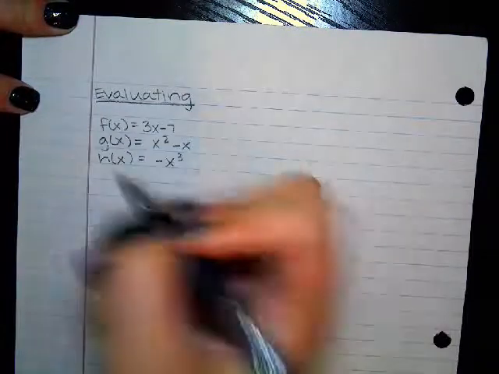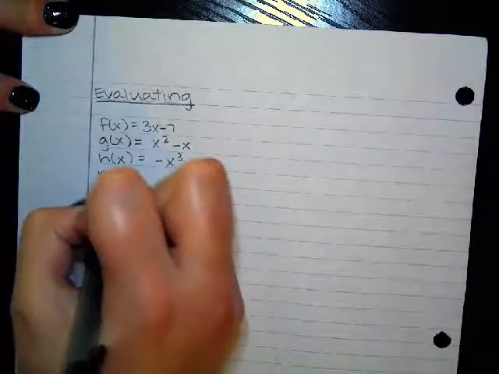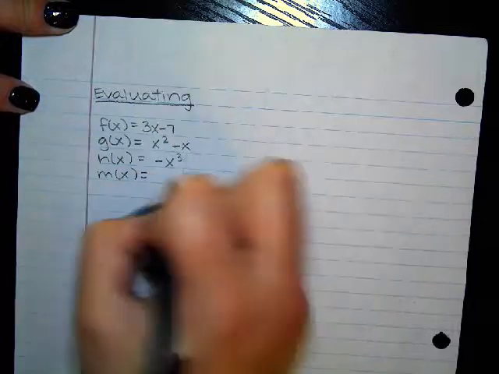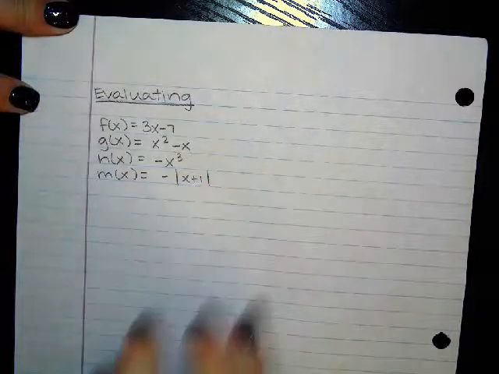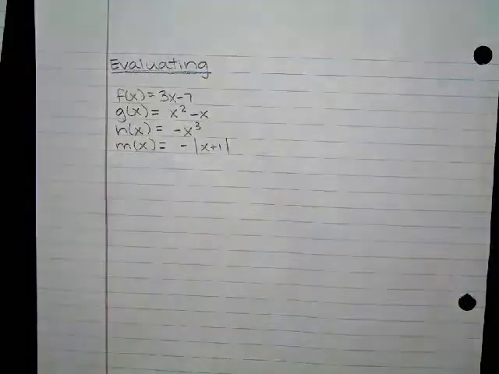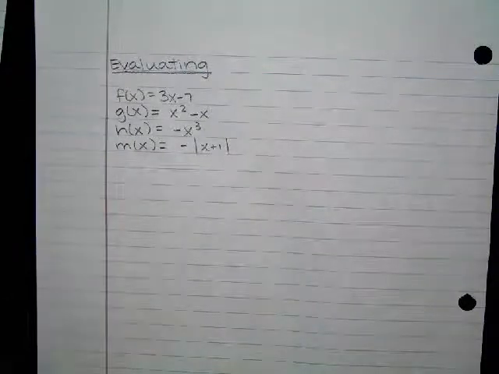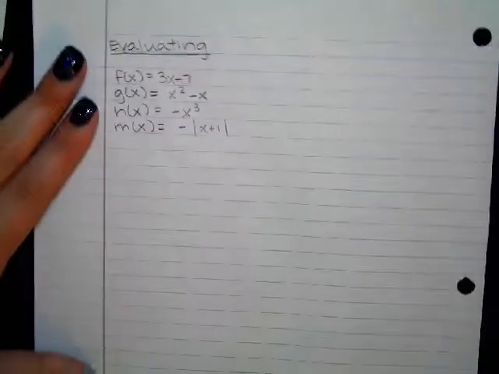And m of x equals negative absolute value of x plus 1. So those are the 4 functions that we're going to work with. And then we're going to do examples based off of those.